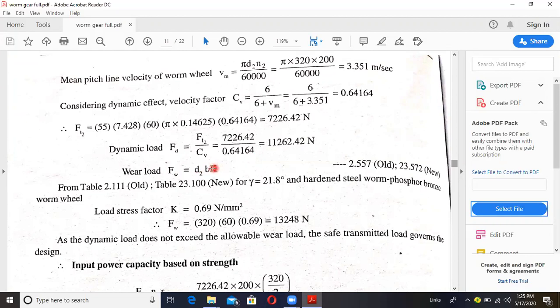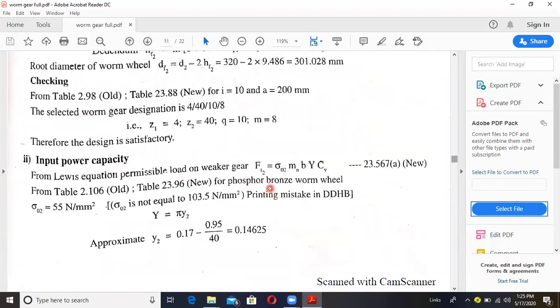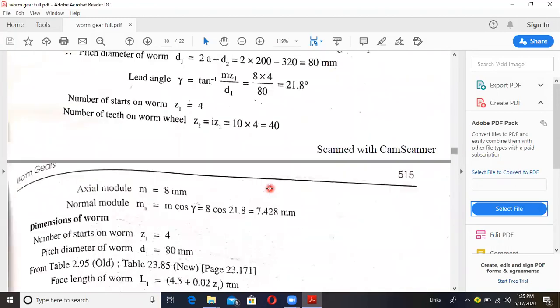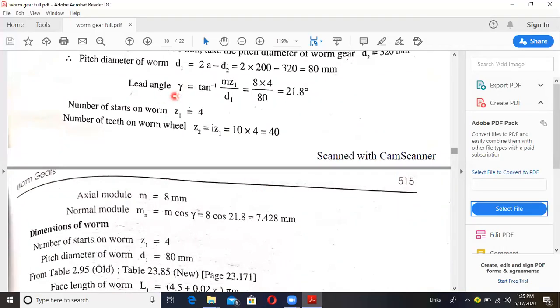To calculate K, we have to refer to table 23.100. Based on the gamma you will get it. So we got gamma in this problem as 21.8. Where do you calculate that gamma? In the first step you will calculate the lead angle, gamma is equal to 21.8.